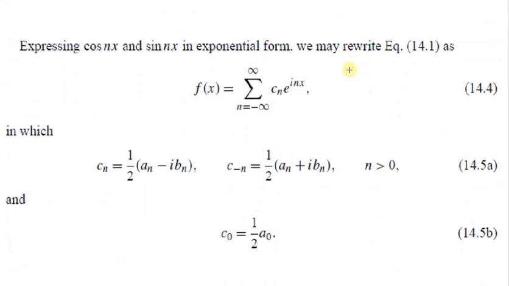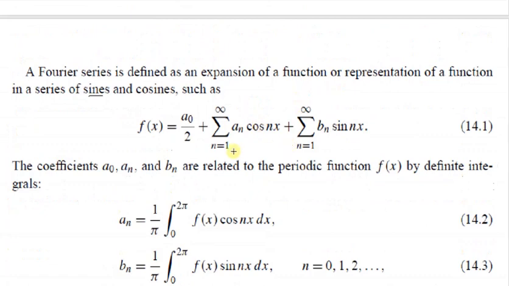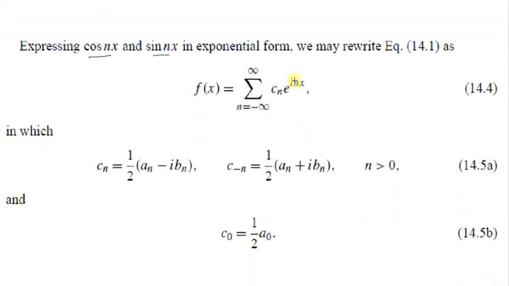Now if you express cos nx and sin nx in exponential form, then our Fourier series can be represented in terms of an exponential series as f of x is equal to summation n from minus infinity to infinity Cn into e raised to inx.